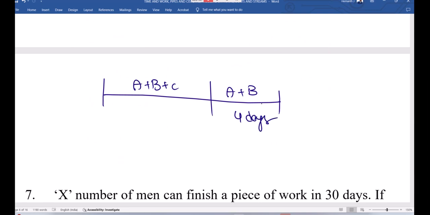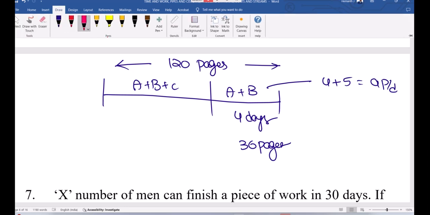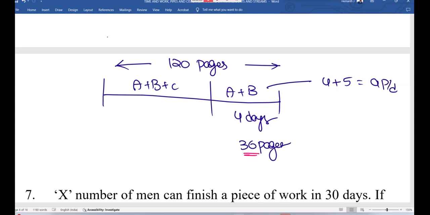And we have total work 120 pages. A can do 4 pages per day, B can do 5 pages per day, 9 pages per day. 4 days means 36 pages are completed. The leftover work, what is the remaining to be typed? 84 pages.